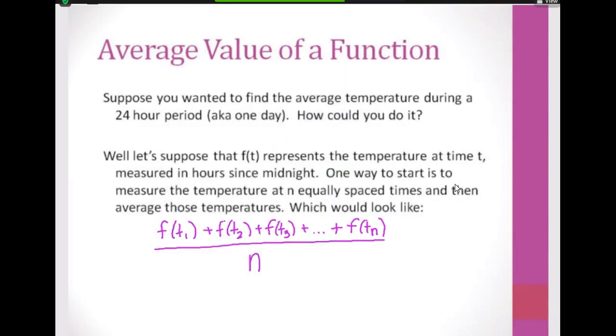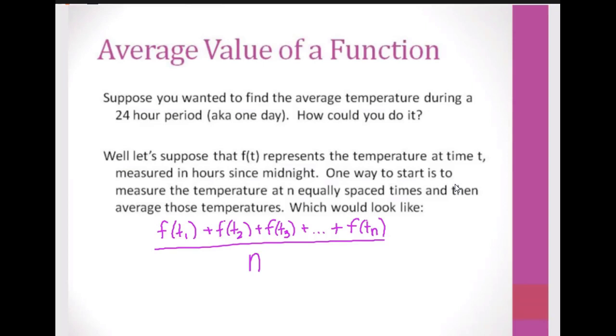The average value of a function says, suppose that you wanted to take the average temperature during a 24-hour period. How could you do it? Well, let's suppose that you take the temperature at time t on each hour from midnight to midnight.